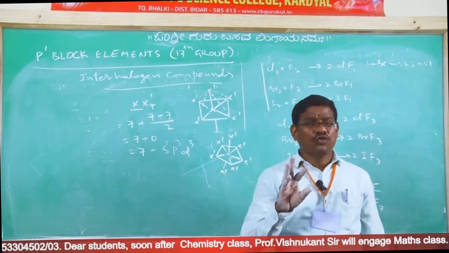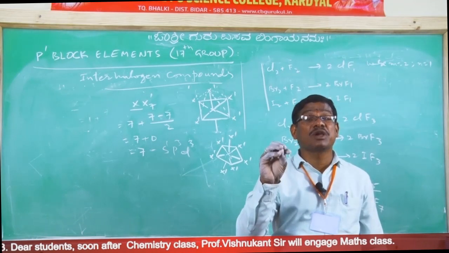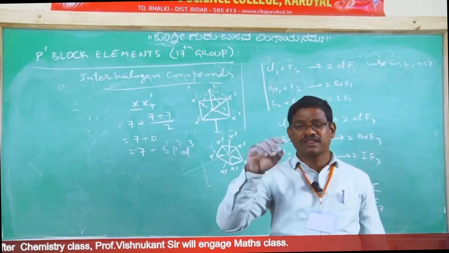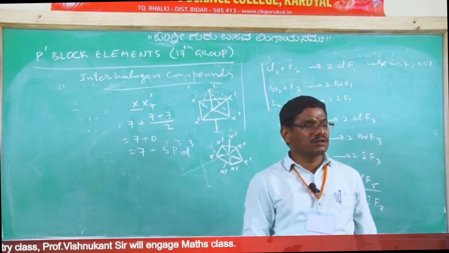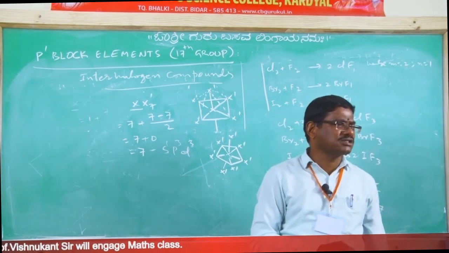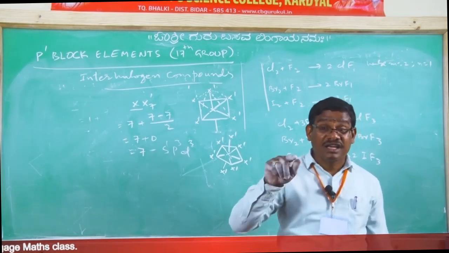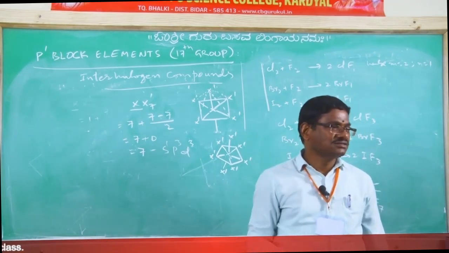And next, fluorine, only as a general chemical property you consider. Suppose, sir, fluorine is not there in the NCERT syllabus, but a question on fluorine has come, sir. That question is based on general chemical properties. Clear na?